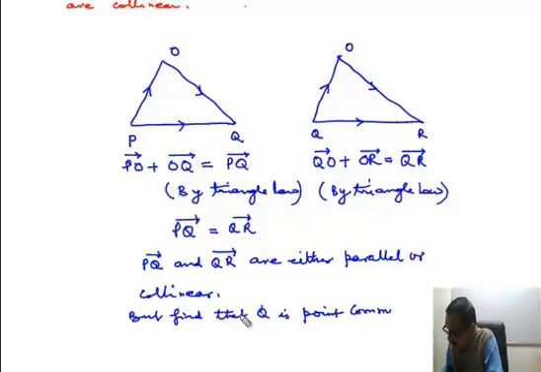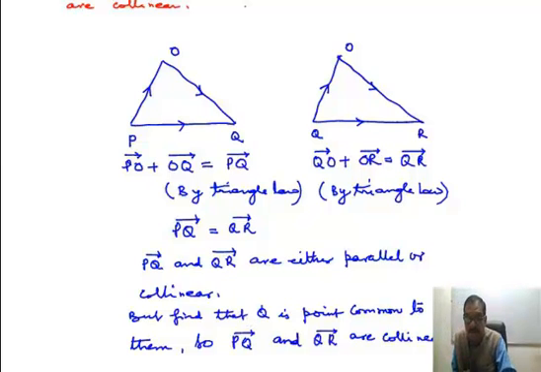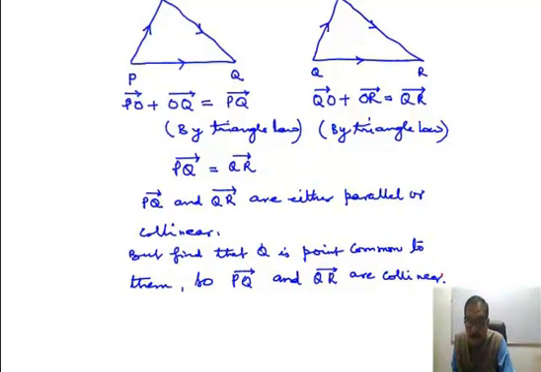We find that Q is a point which is there in PQ vector also, which is there in QR vector also.